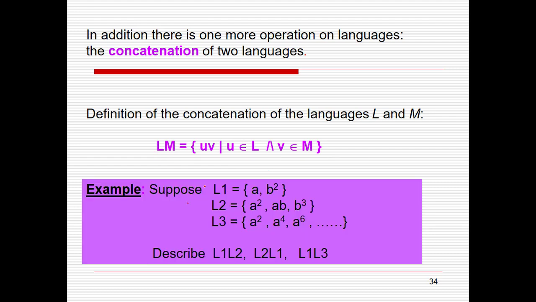So, for instance, if we have L1 being A, B squared, and L2 being A squared, AB, B squared, then we could describe L1L2 as a concatenation of the words coming from L1 and L2. We have to start with something from L1 and concatenate it with something from L2.